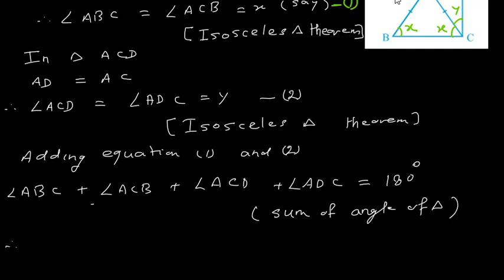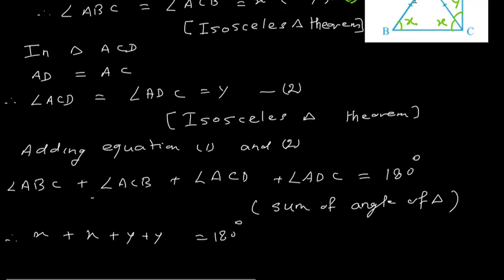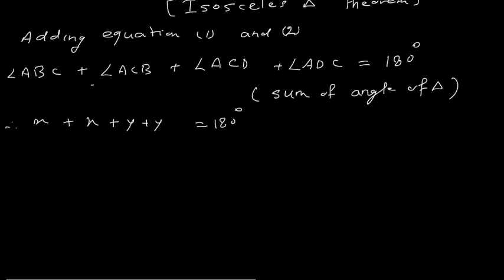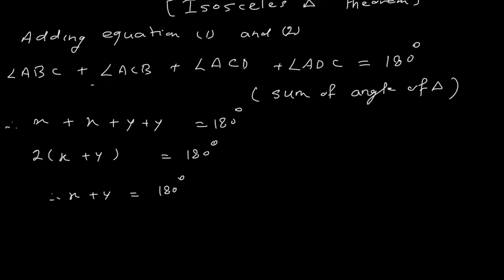Now angle ABC is x, this is also x, this is y, and this is y. So you can see here that we have 2 times x and we have 2 times y. This is 180. So x plus y is 180 upon 2 is equal to 90 degree.